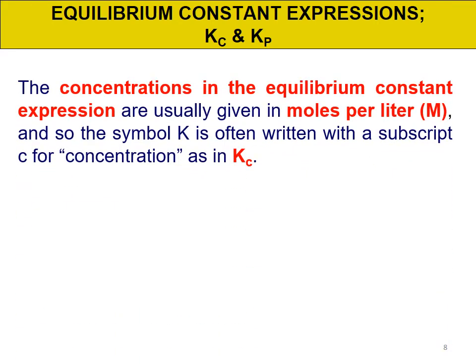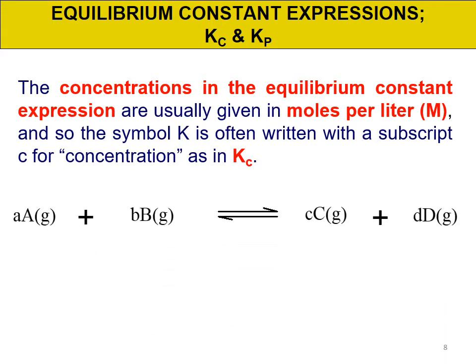The concentrations in the equilibrium constant expression are usually given in moles per liter, and so the symbol K is often written with a subscript c for concentration, as in Kc.